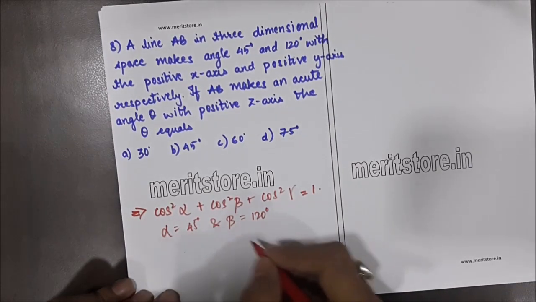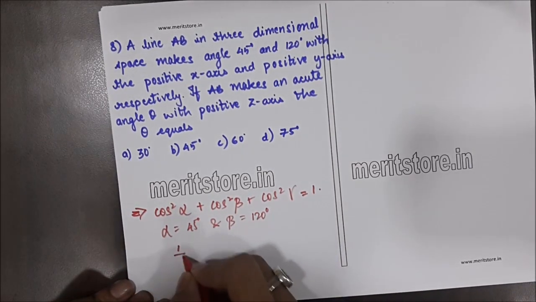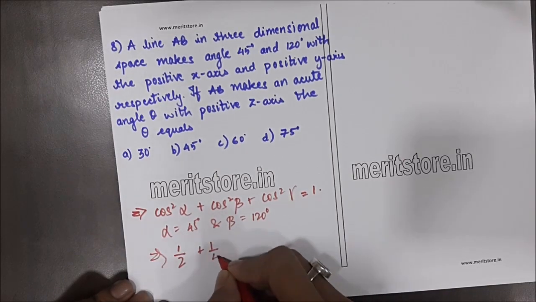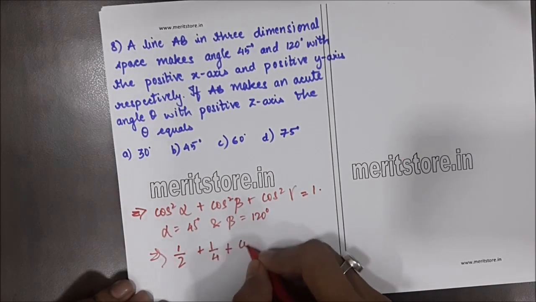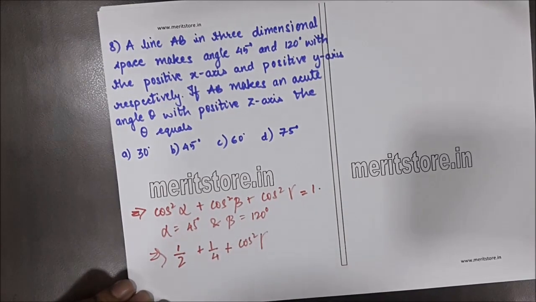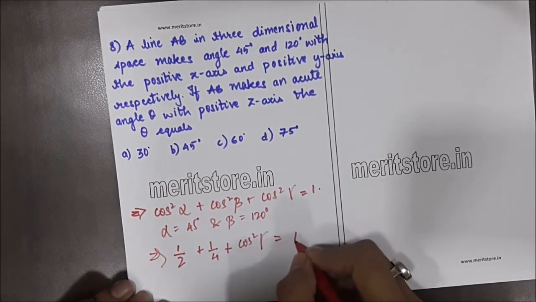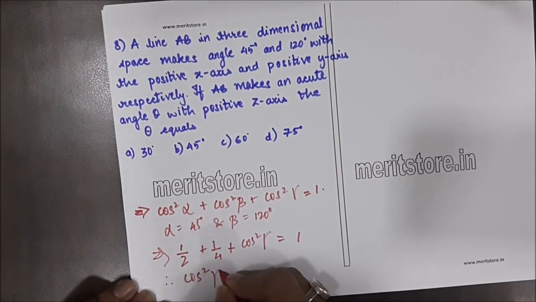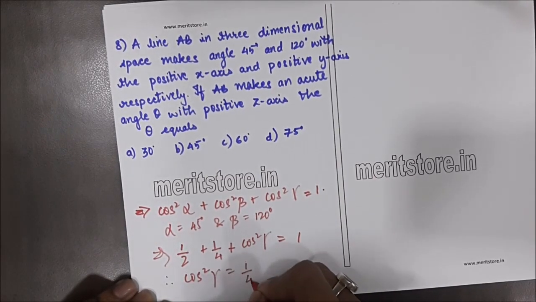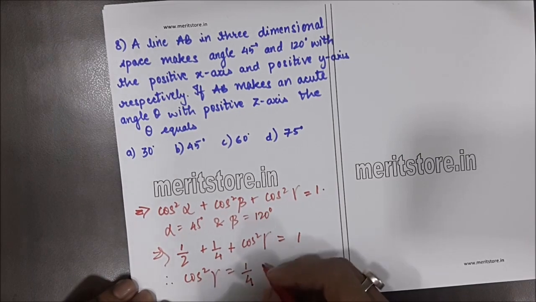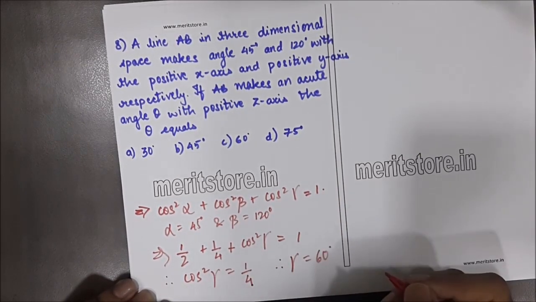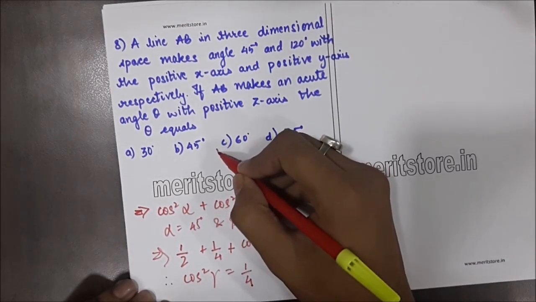We put these values in the above equation, and we get 1 upon 2 plus 1 upon 4 plus cos square gamma is equal to 1. Therefore, cos square gamma is equal to 1 by 4. Therefore, gamma is equal to 60 degrees. So, the correct option is option C.